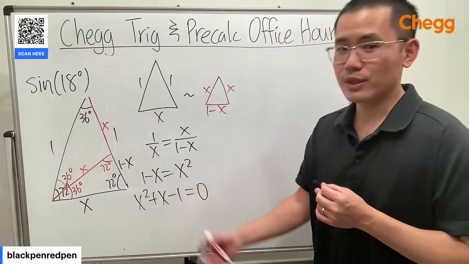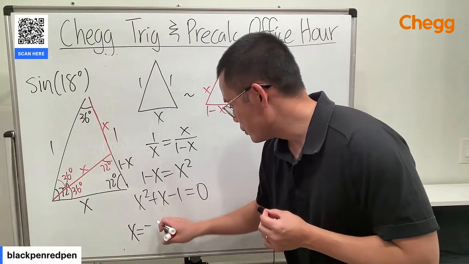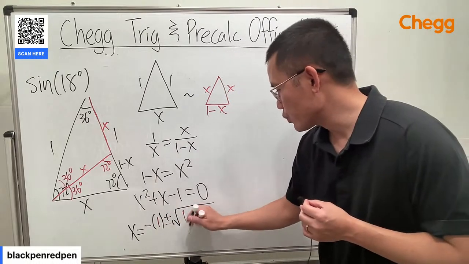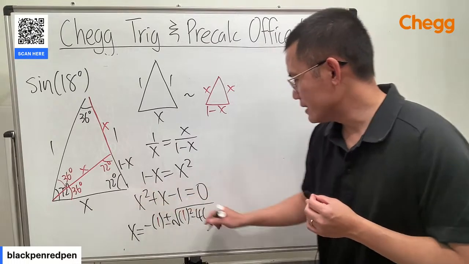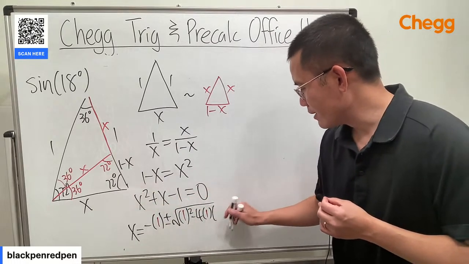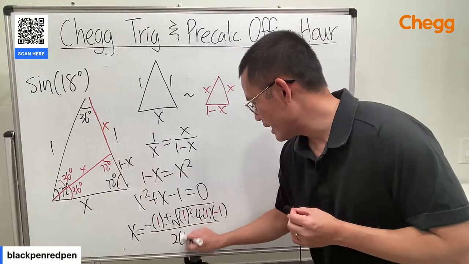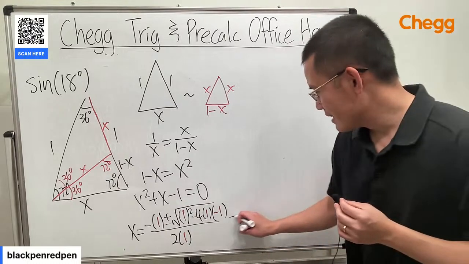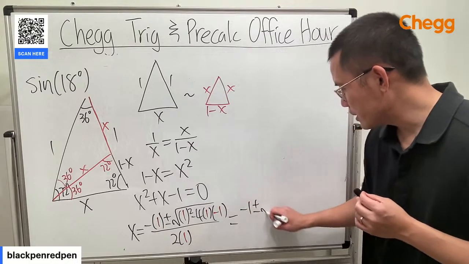And then right here, we can use the quadratic formula. x equals negative b, which is 1, plus or minus square root of b squared, which is 1 squared, minus 4ac. a is 1, c is negative 1. All over 2 times a. Have a look. This is negative 1 plus or minus square root.